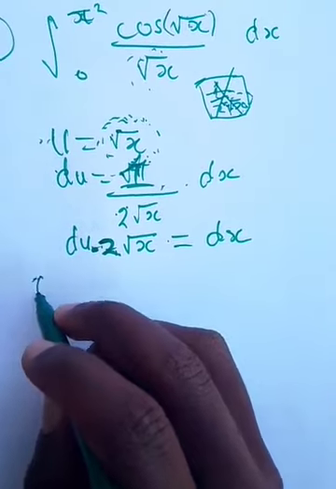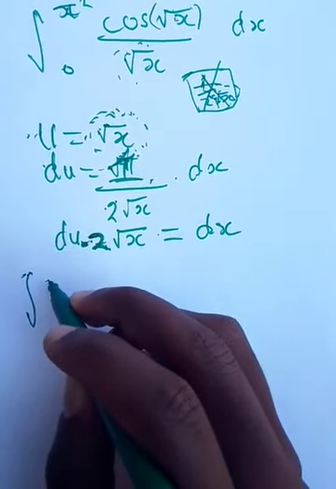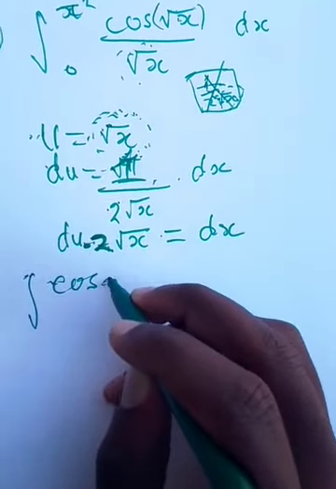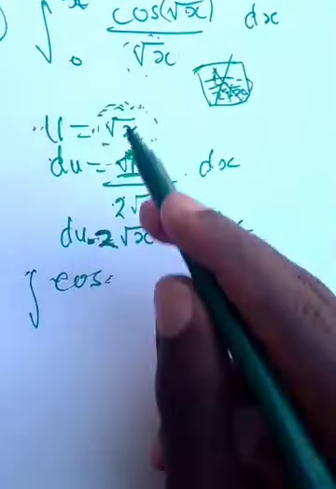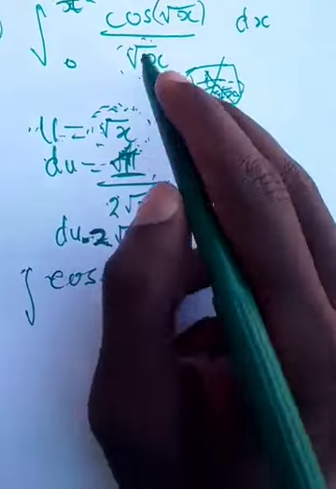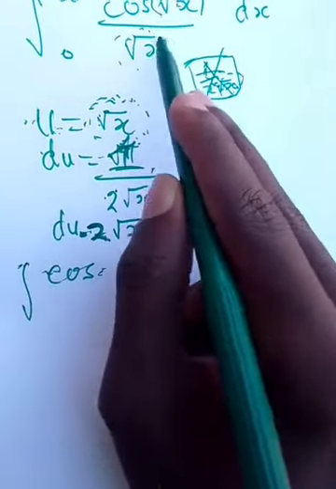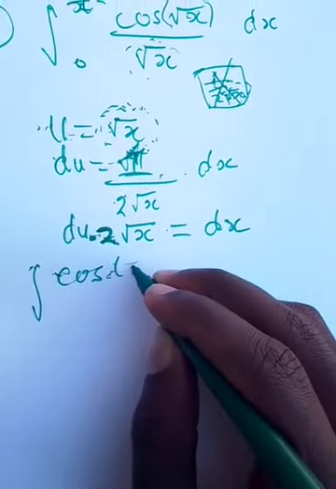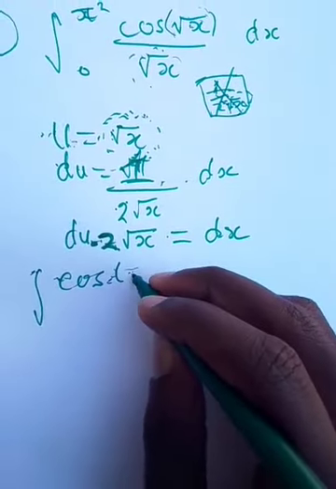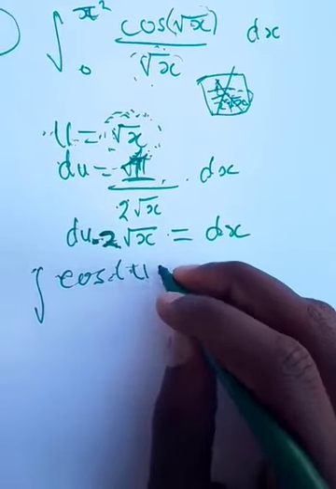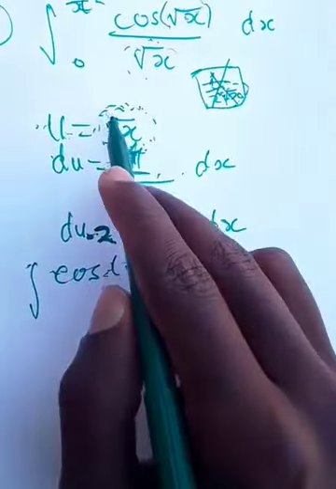Okay, so basically I can just write like this. When I write cos, remember that I've said this is equal to u. This u is equal to this one, not this one, no. So right now I'm just going to say u instead of writing this one because I've equated it to u.